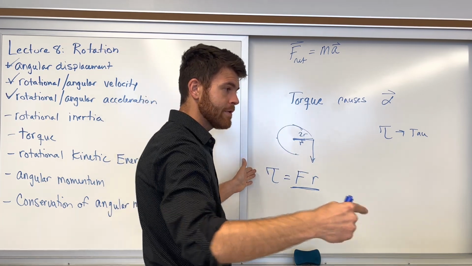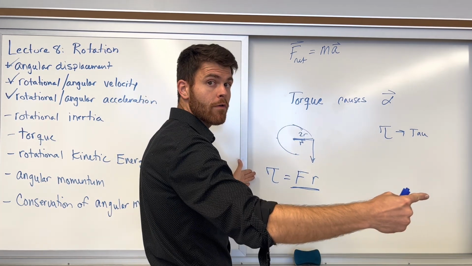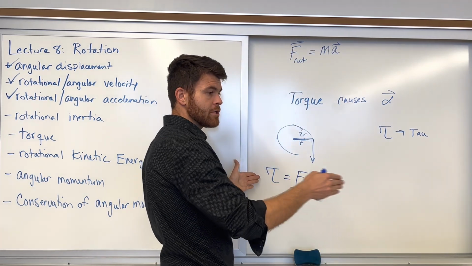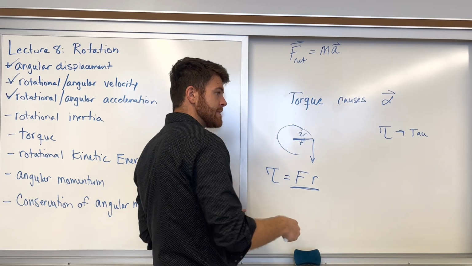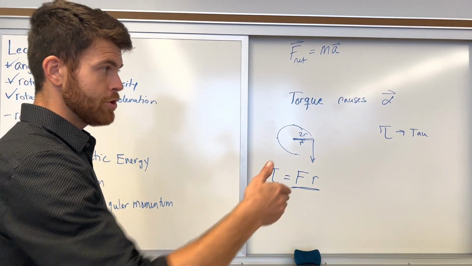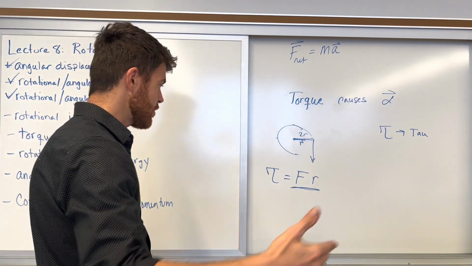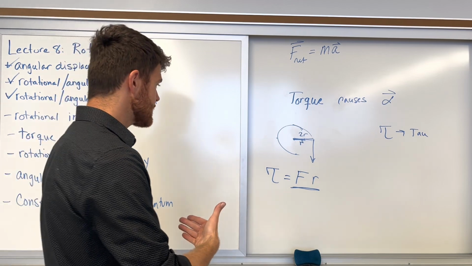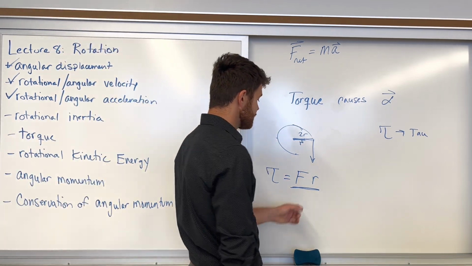However, if I apply the force out here, I can apply a much smaller force and generate the same angular acceleration. Why? Because I have a much longer lever arm. So that's why it's easier to open and shut the door by pushing or pulling at the far edge of the door, as far from the hinge, the rotational axis, as possible.